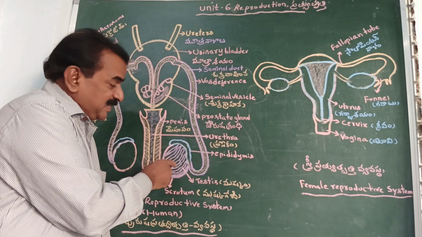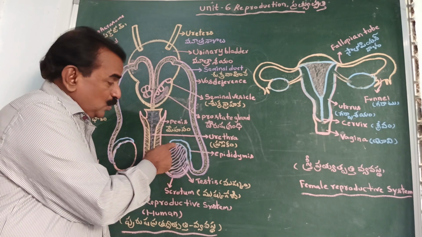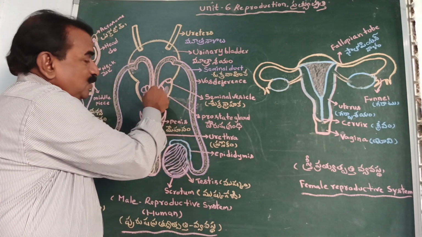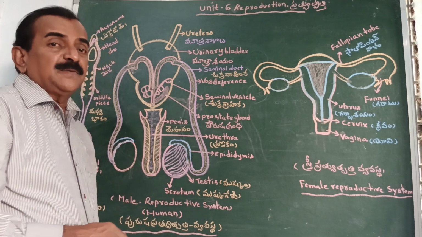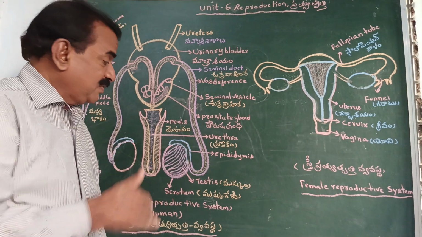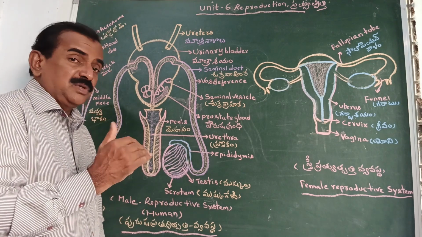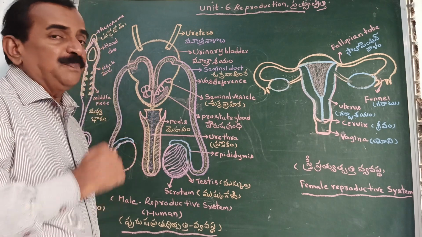After formation, the sperms enter the vasa efferentia, then the epididymis, then the vas deferens, and finally pass through the urethra. Through the urethra the sperms are passed into the body of the female at the time of copulation. In this way a large number of sperms are released into the female body during copulation, and these sperms are called male gametes.